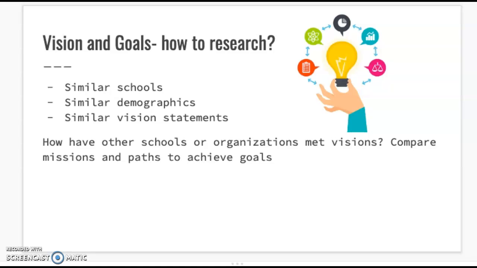That could be geographical location. That could be ethnicity of the schools. That could be size. And you could compare other businesses and organizations that have and schools that have similar vision statements. How did they create missions and paths to achieve their goals, and how did it compare against their vision statement?